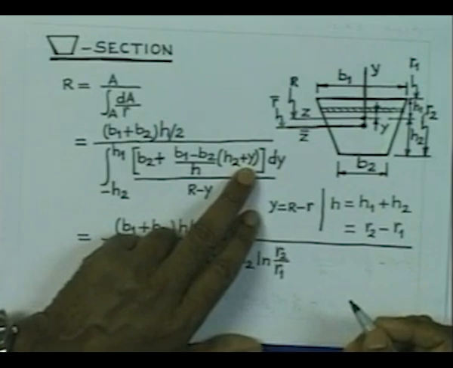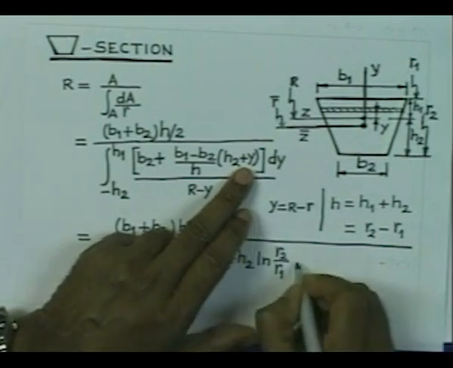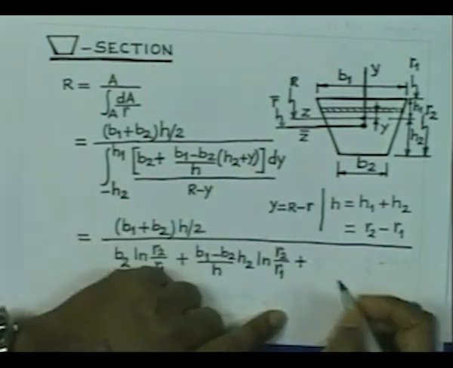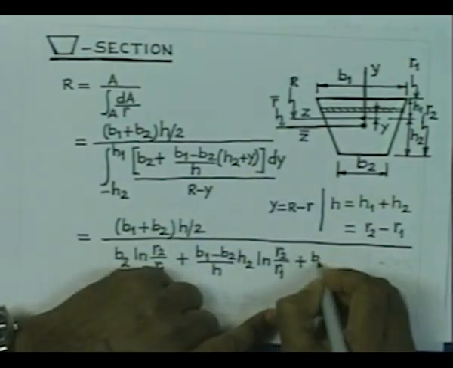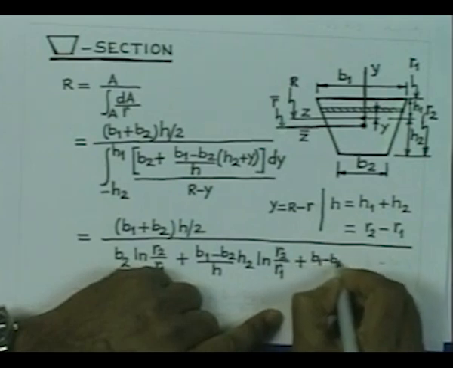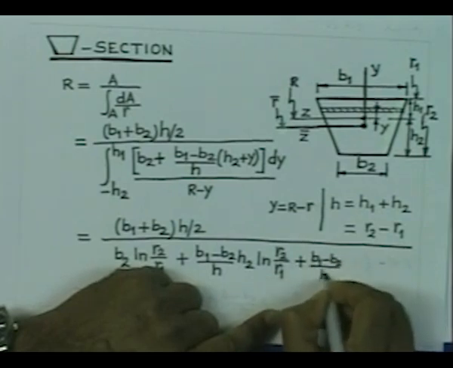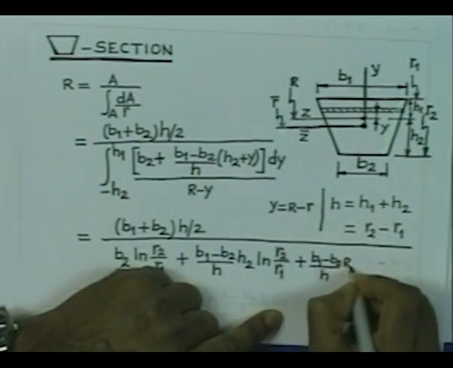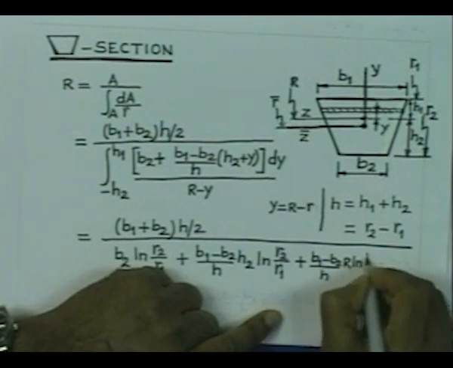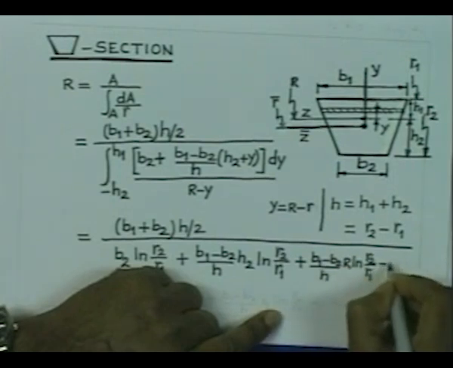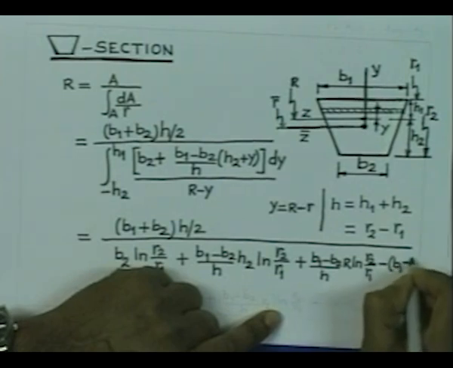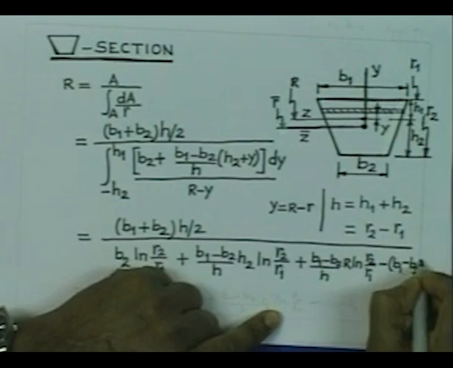This we can add r, subtract r, thereby we will have two expressions, and this is going to give us (b1 minus b2) by h into r ln r2 by r1, and the last quantity is going to be b1 minus b2.